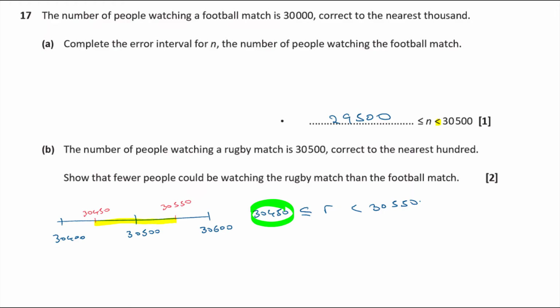So I can say that we could have had 30,450 watching rugby, and we could have 30,451 watching football.